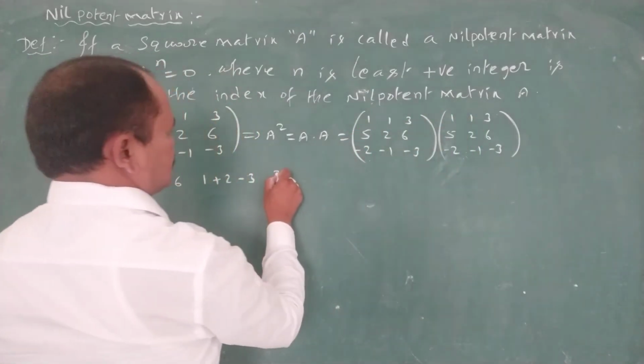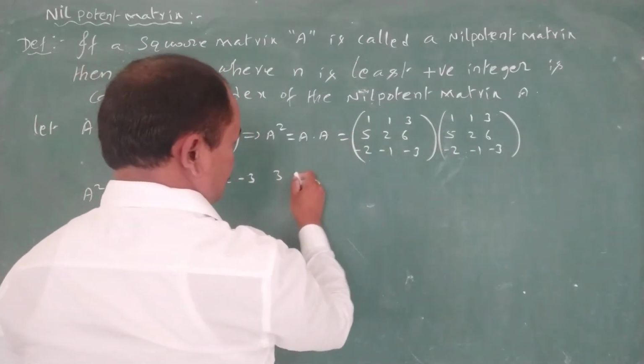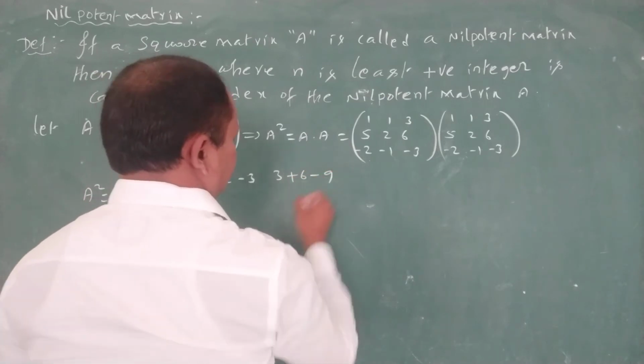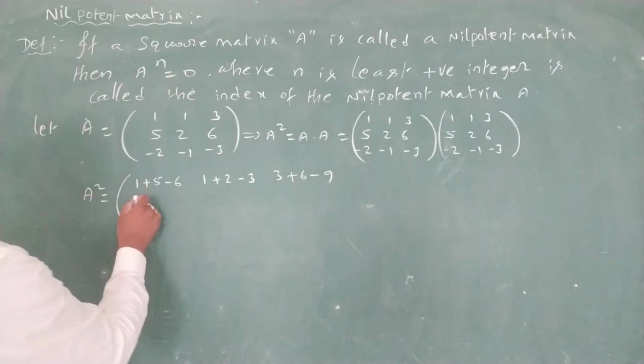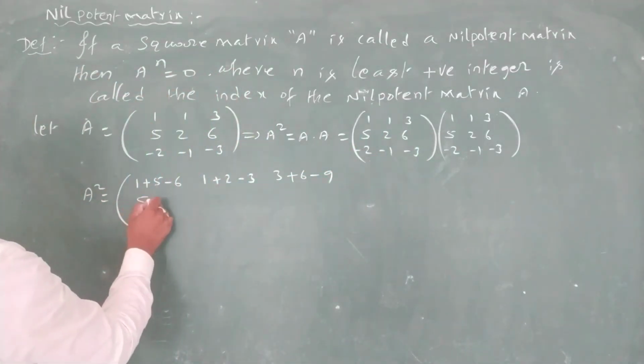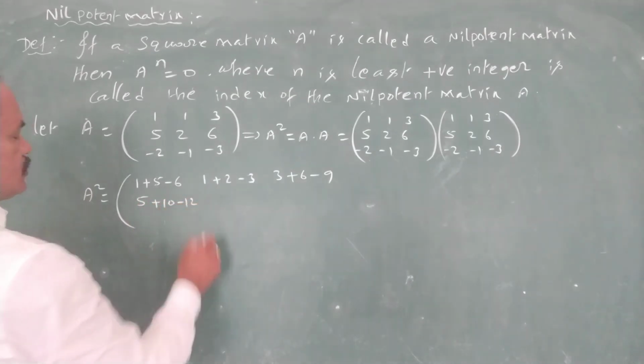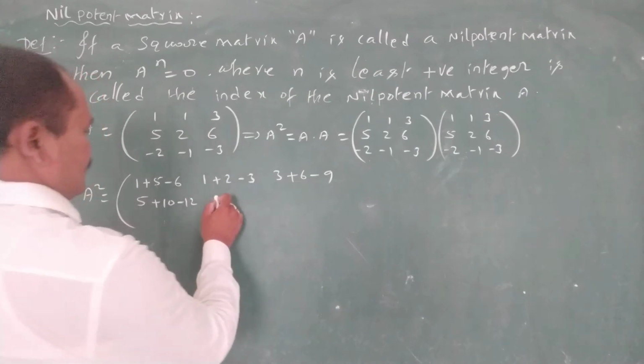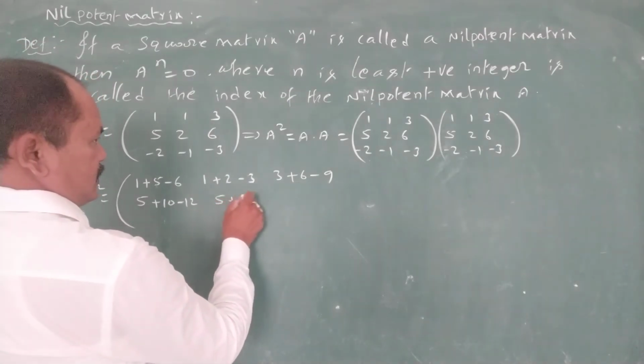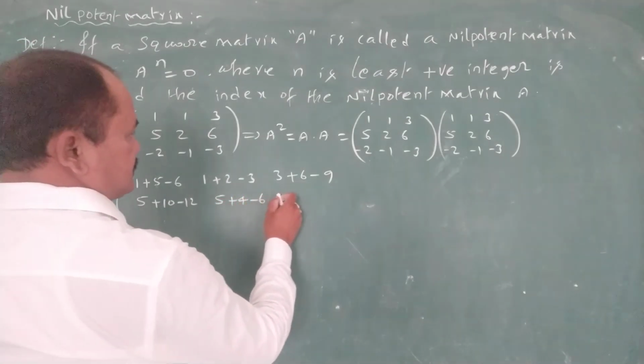Now this is 3 plus 6 minus 9. Now from this, 5 plus 10 minus 12. Again 5 plus 4 minus 6.